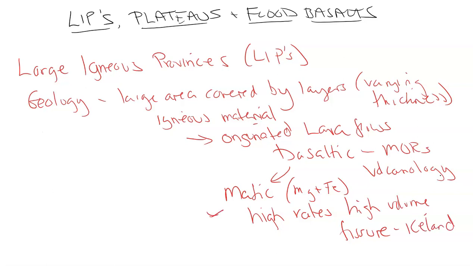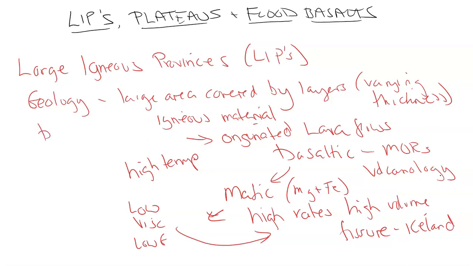And we know that there is very low viscosity, which then is low gas content, which again links to how fast the rate of the movement, and also the high temperature. And when they condense, consolidate, crystallize, they form these large areas of basaltic rock in nice bedding and strata.